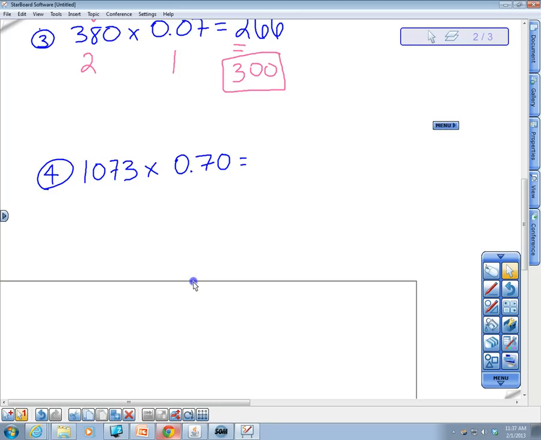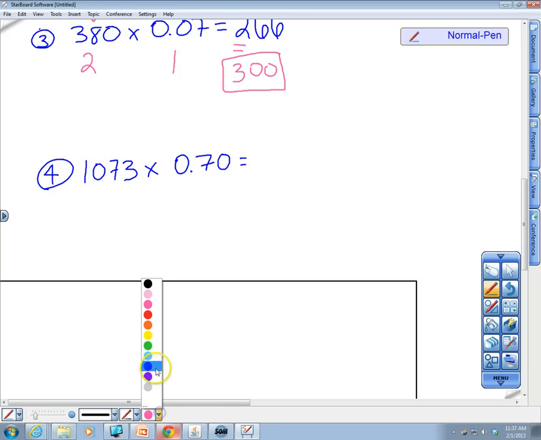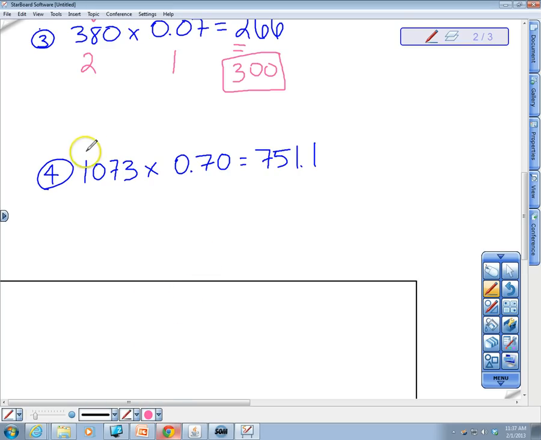Let's do one more. Now I've got 1,073 times 0.70. If I put that in the calculator, I get 751.1. Let's look at my significant digits. Non-zero, embedded zero, non-zero, non-zero. That gives me 4 significant digits.